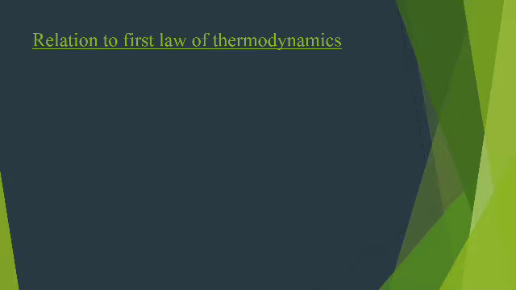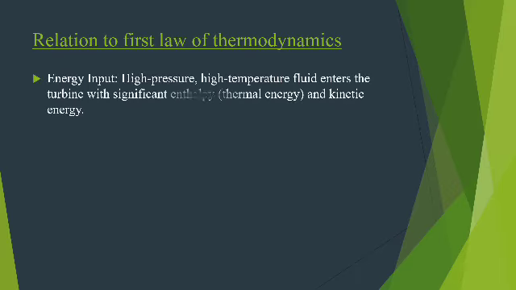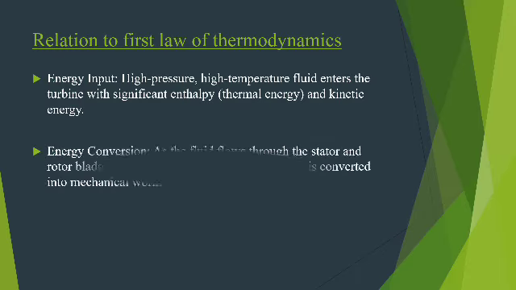The first law of thermodynamics states that energy can neither be created nor destroyed, but can be converted from one form to another. Similarly, in the operation of the axial flow turbine, a high pressure and high temperature fluid with significant thermal energy and kinetic energy enters the turbine.